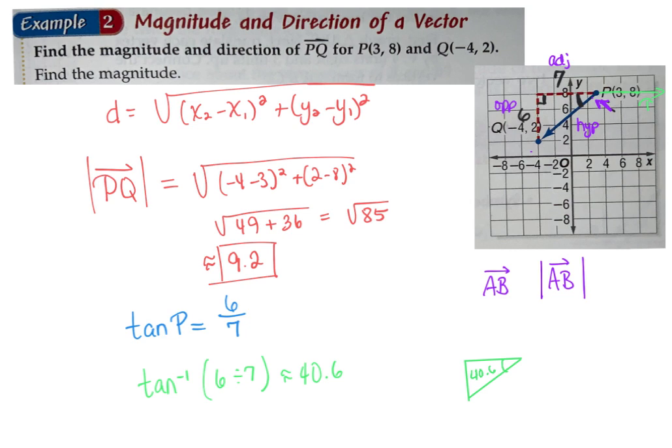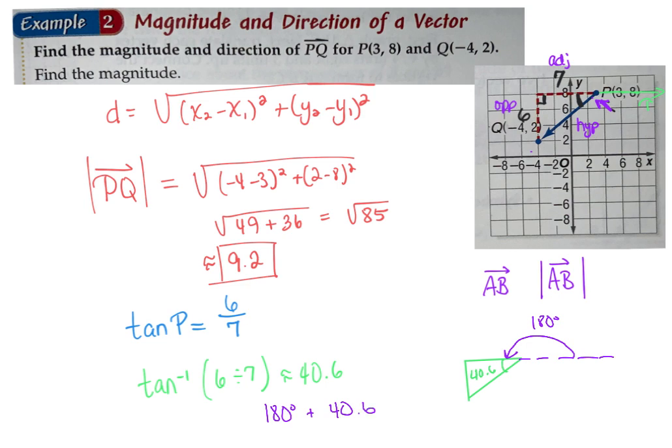When I'm talking about a vector, I'm talking about it going from the horizontal. So in my movement, I'm talking about starting here. So I have to go all the way here first before I can move 40.6 degrees to get to my final destination. I have moved half a circle. How much have I moved? 180 degrees. So the final movement of this is actually going to be 180 degrees plus the 40.6.